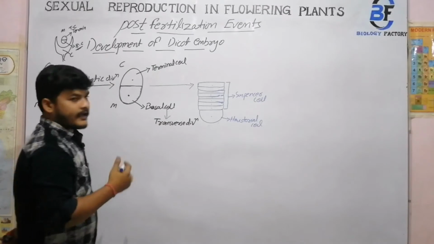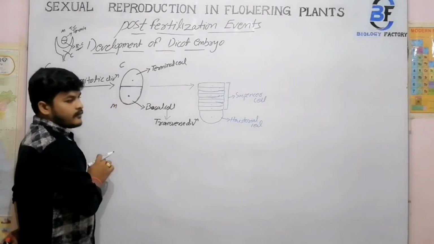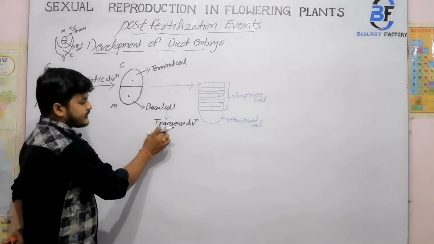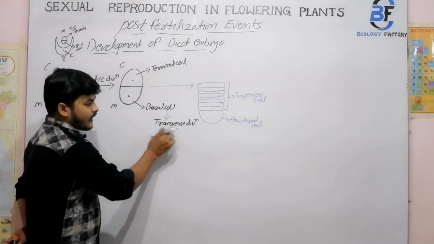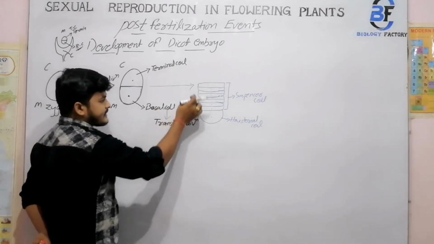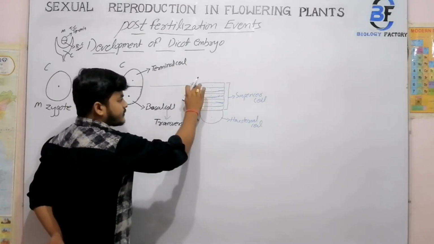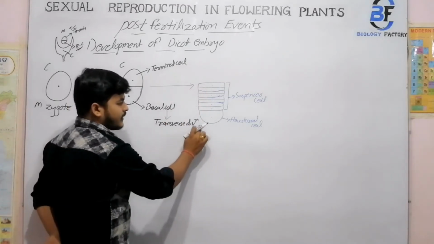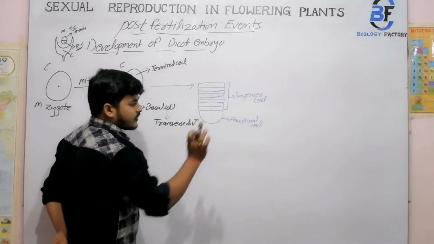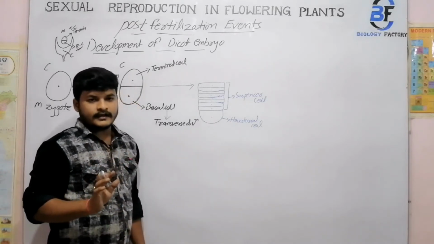What happens? I repeat. From the basal cell, a transverse division takes place, and the cell divides to form 7 to 8 cells, which are known as the suspensor cells, and the lowest cell is known as the haustorial cell.